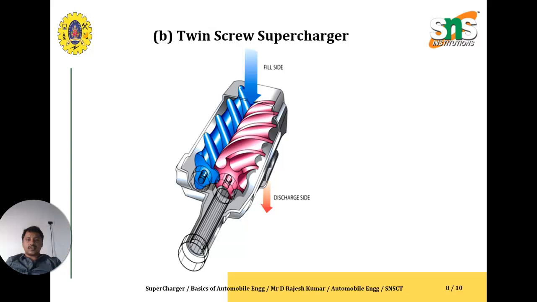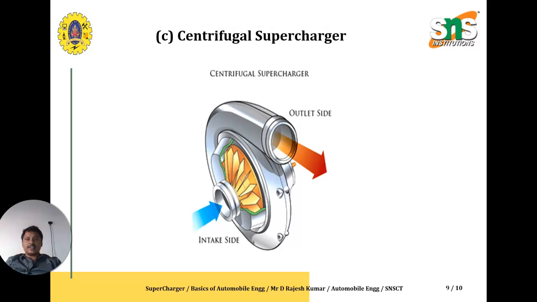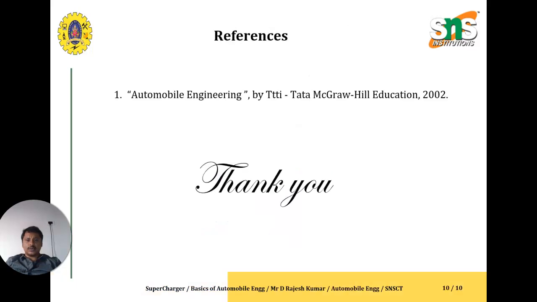In the twin screw supercharger, there are two screws which are used to compress the air. The third one is the centrifugal supercharger, which is commonly used. The air is sucked from the atmosphere and then forced inside the cylinder by this air compressor. So this is how the supercharger works.